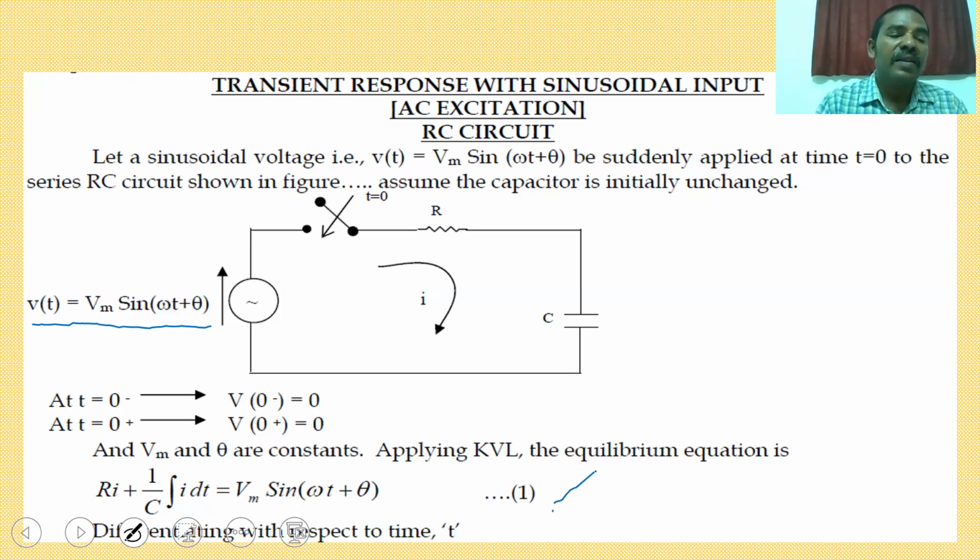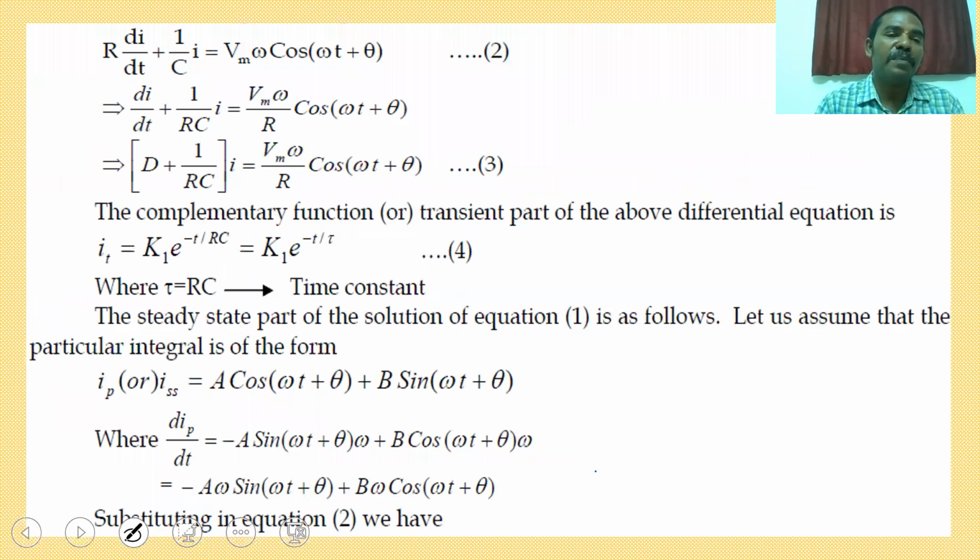Here the integration is there, so the complexity will be there. To avoid that, we are going for the differentiation with respect to t. Then you can get R di/dt + 1/C × i = Vm ω cos(ωt + θ), since the differentiation of sine is cosine and the differentiation of ωt is ω.